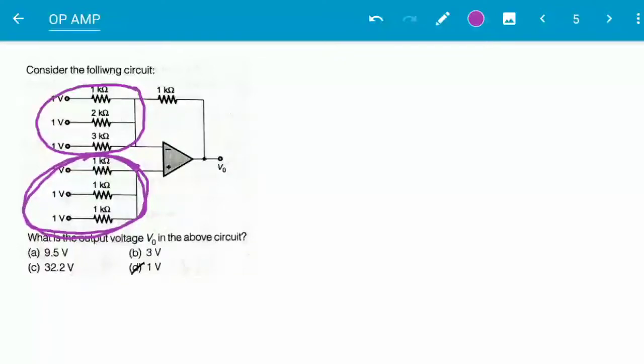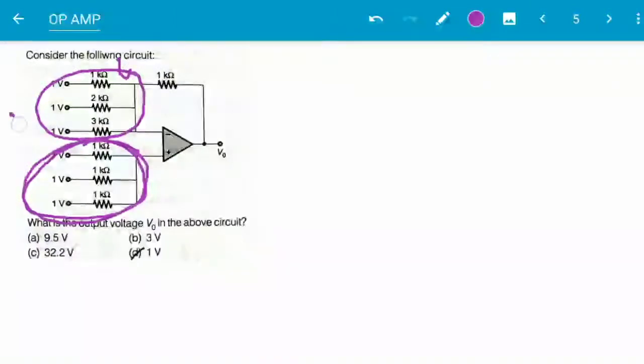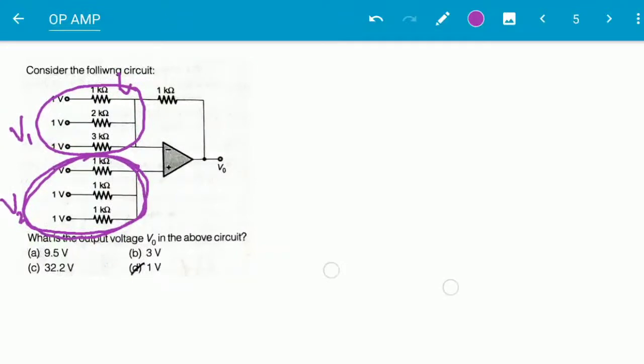In network theory, we have studied that theorem: we have to convert the number of voltage sources with their internal resistances to a single source voltage. Suppose for this one I am taking V1, and this is V2, and I am converting it.